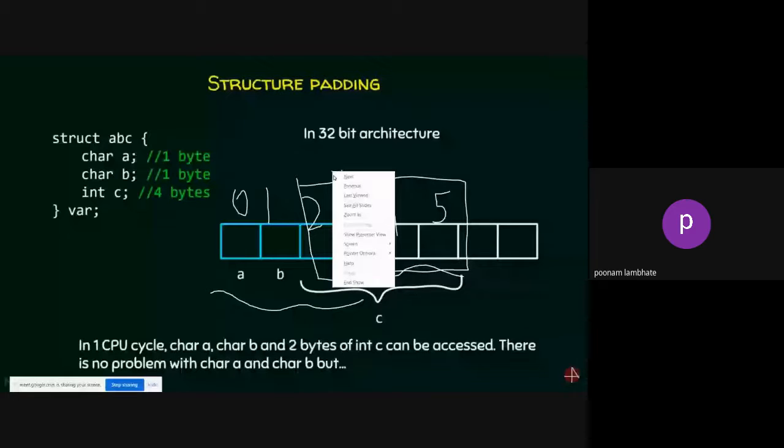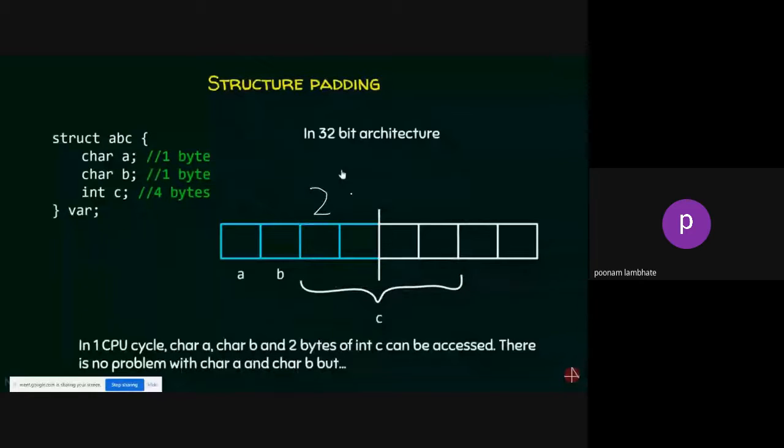You're storing the integer in 2, 3, 4, and 5. That means in the first cycle, you have accessed character A properly, B properly, but you have only accessed 2 bytes of your integer. The remaining 2 bytes will be accessed in the second CPU cycle. That means to access this integer C, you need 2 cycles.